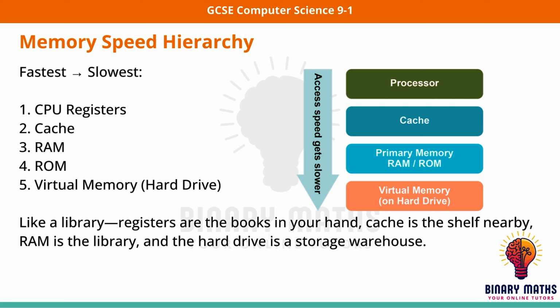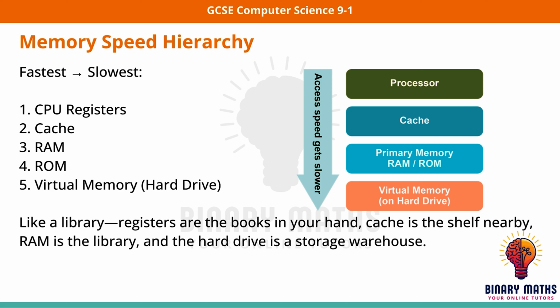Memory speeds vary wildly. Fastest are CPU registers, tiny but instant. Then we have cache, slightly bigger but still speedy. RAM is next, much larger but slower in comparison.